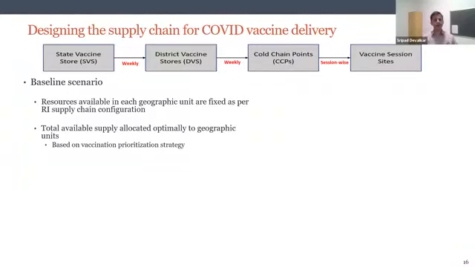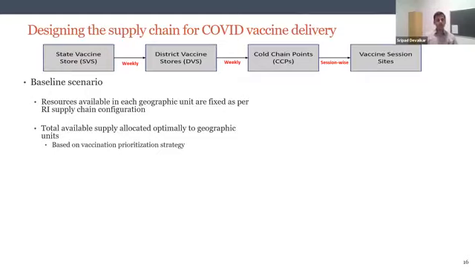But given that in COVID vaccination, time is of the essence, and the sooner a larger section of the population is vaccinated, the better it is, the frequency at which vaccines were being shipped across different stages was much higher. At least based on our conversations, on average, every week vaccines were being moved from the state vaccine store to district vaccine stores and further down to the cold chain points. And again, from the cold chain points on to the actual vaccination session sites, this was being done as and when the sessions were being held there.